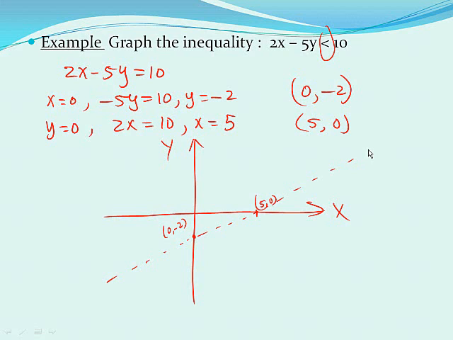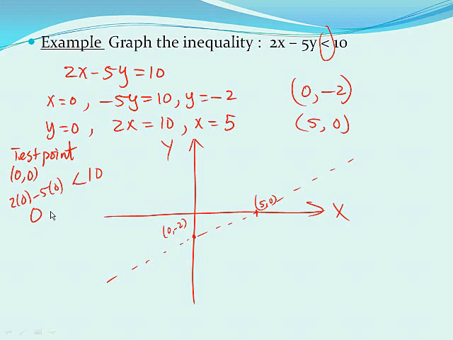In order to do that, I'm going to take a test point. So the test point will be the origin, because the origin is not on this line. So if I substitute x equal to 0, y equal to 0, and try to see whether this inequality is satisfied, 2 multiplied by 0 minus 5 multiplied by 0, asking the question whether this is less than 10.